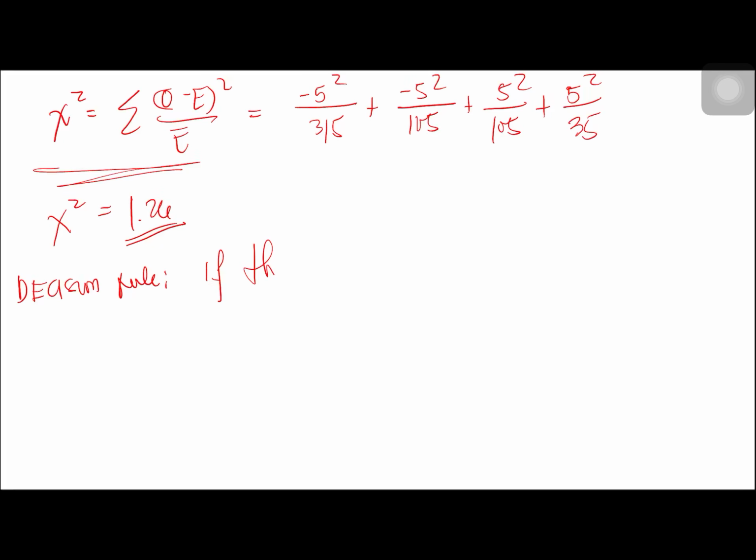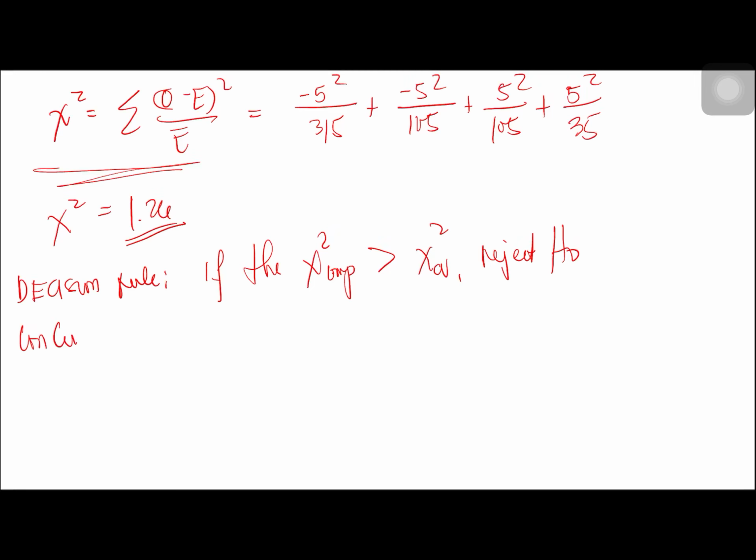So, for our decision rule, again, if the chi-square computed value is greater than the chi-square tabular value or critical value, we reject the null hypothesis. Okay?